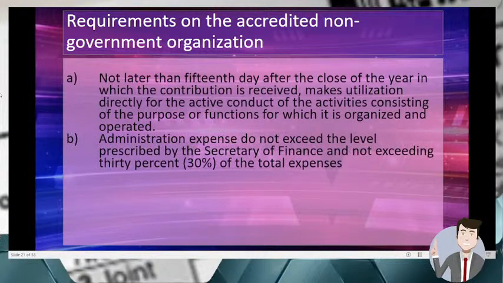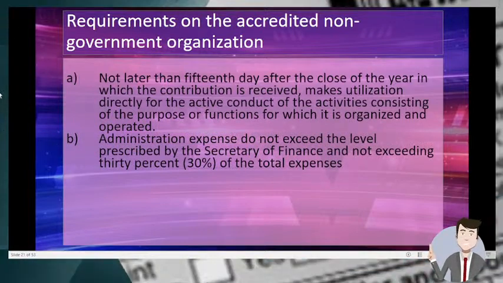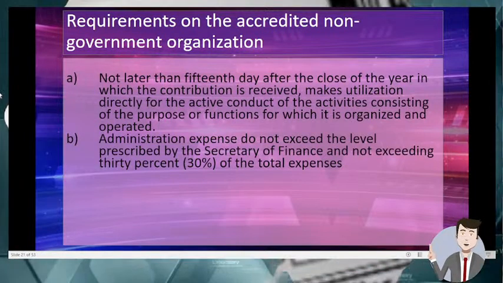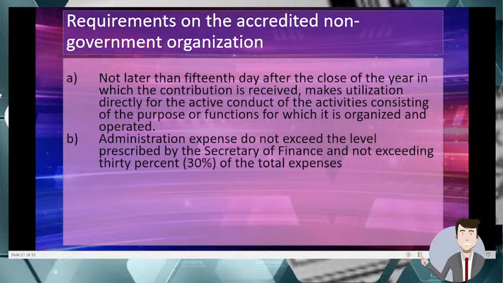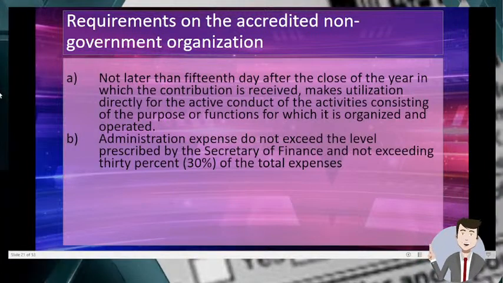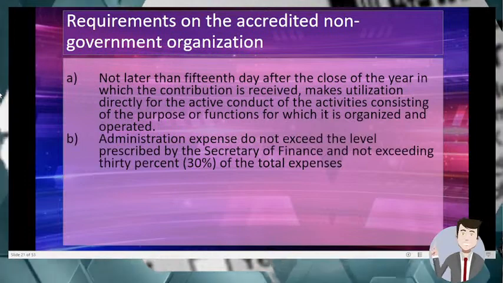That's the first requirement. Second, administrative expenses do not exceed the level prescribed by the Secretary of Finance and not exceeding 30% of the total expenses. Take note guys for the word 30%, not exceeding 30%. Therefore, administrative expenses should be limited only to 30% of the total expense.